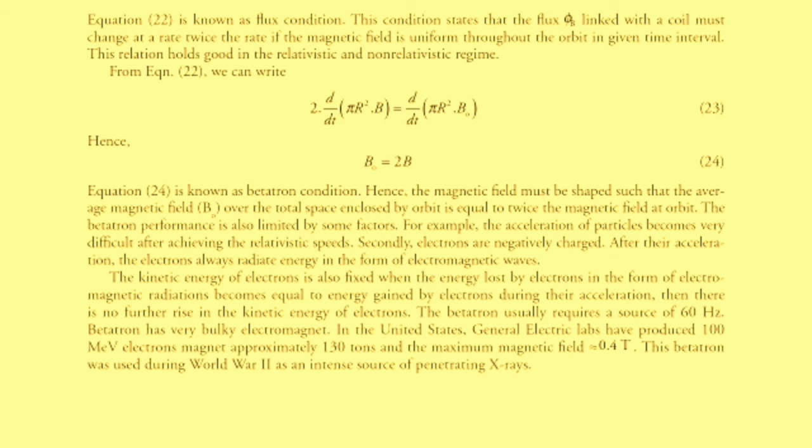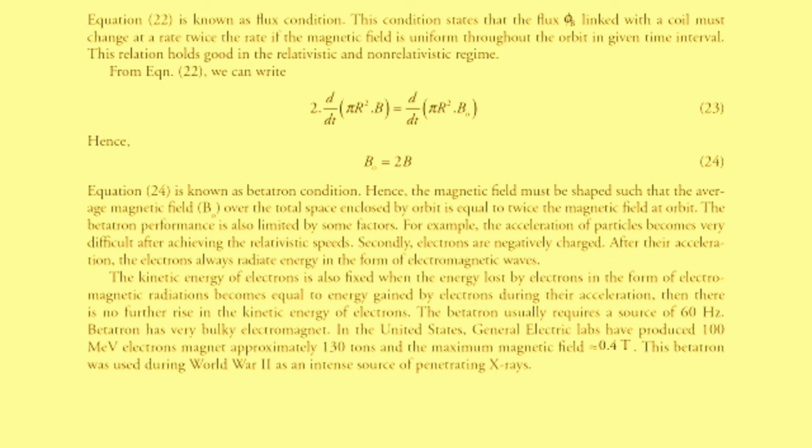Hence the magnetic field must be shaped such that the average magnetic field over the total space enclosed by the orbit is equal to twice the magnetic field at the orbit.